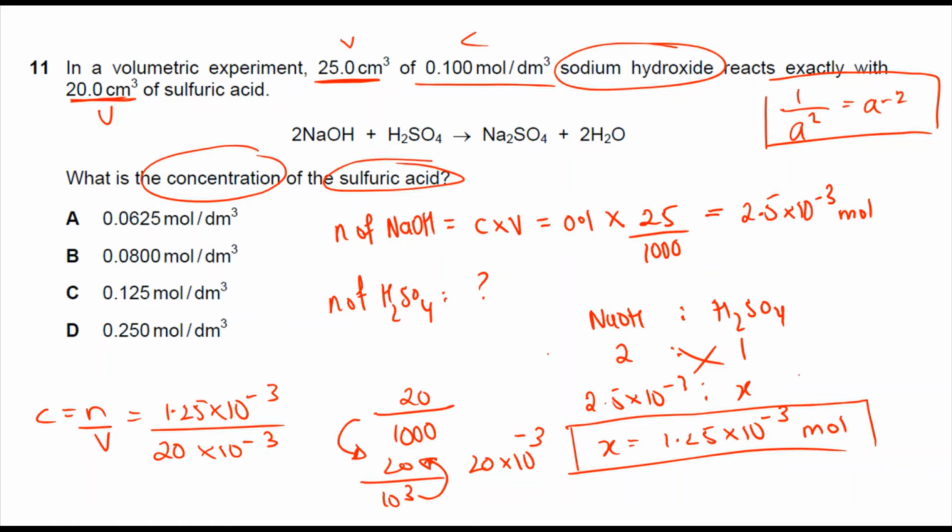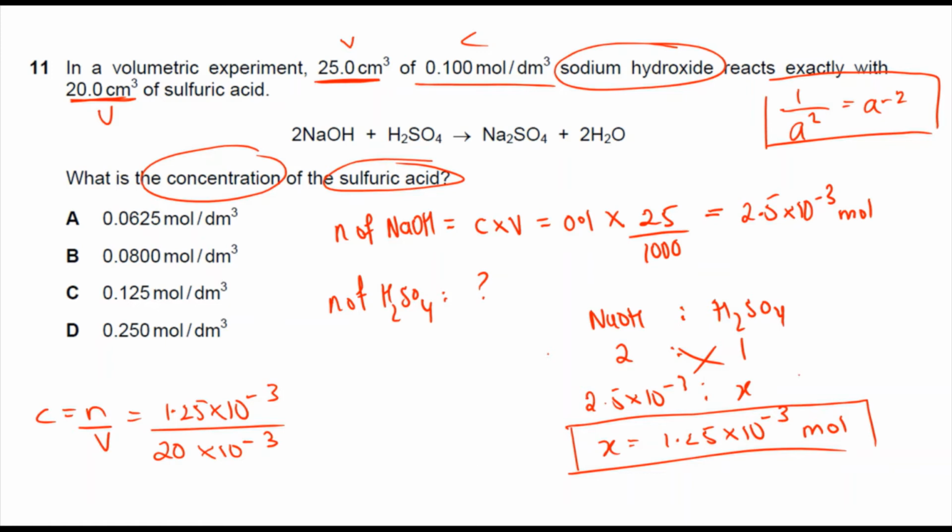Okay, so remember one thing: dividing something by 1000 or multiplying something by 10 raised to the power of minus 3 is the same thing. It is the same thing. Okay, I'm going to rub this off now. This is why I wrote this down as into 10 raised to the power of minus 3.